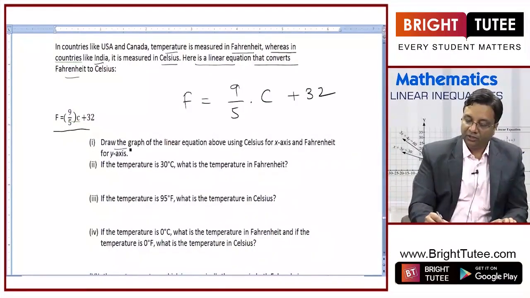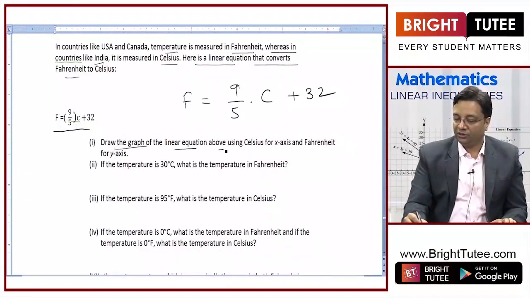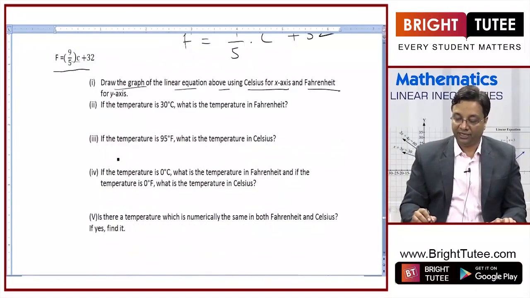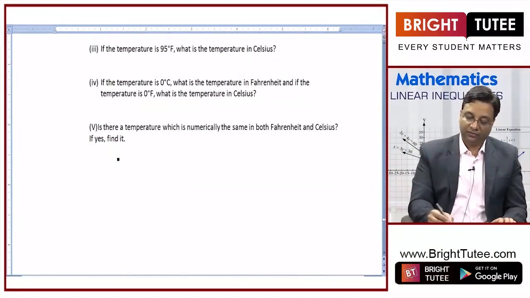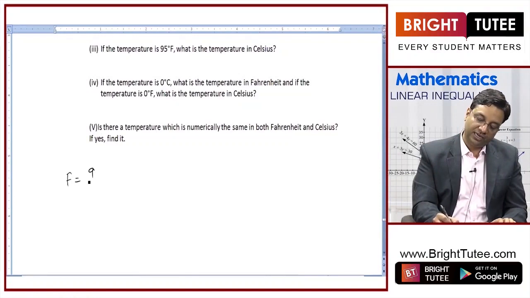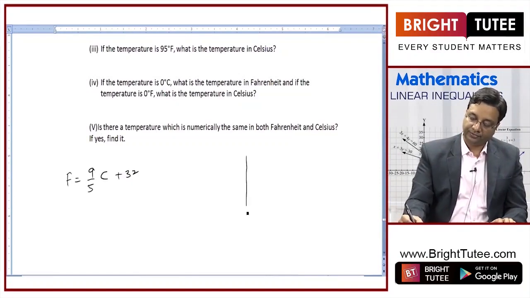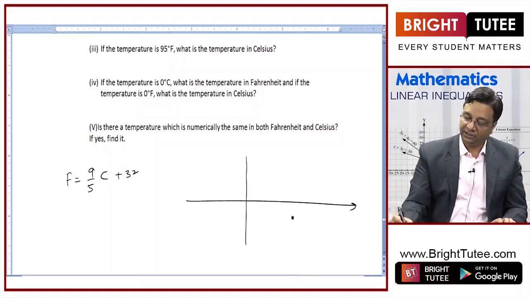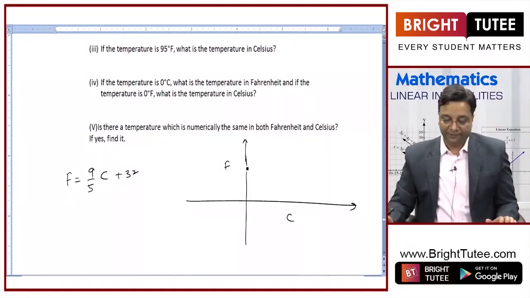Draw the graph of linear equation using Celsius for x-axis and Fahrenheit for y-axis. So F is equal to 9 by 5 C plus 32. So this is Celsius and Fahrenheit will be here, right?